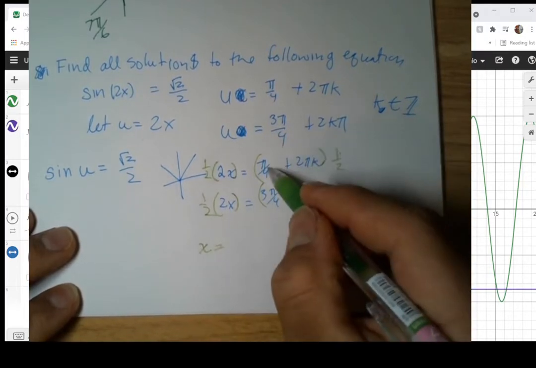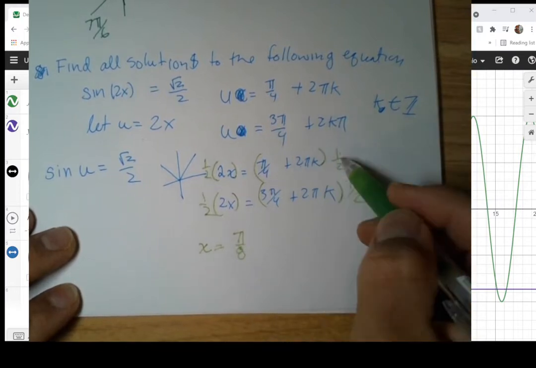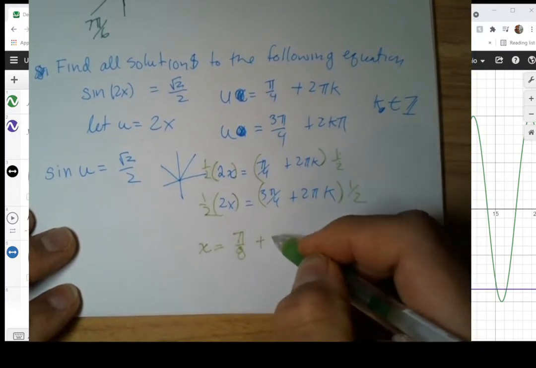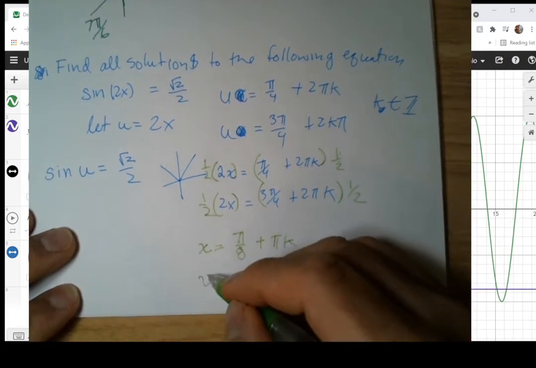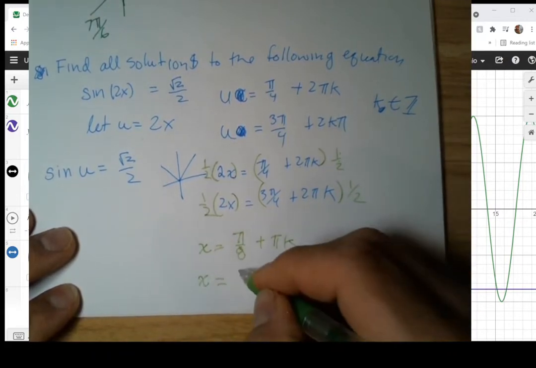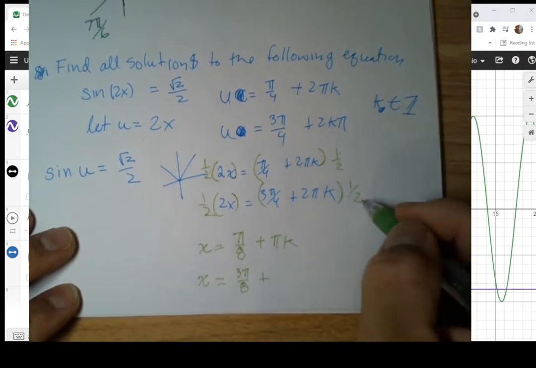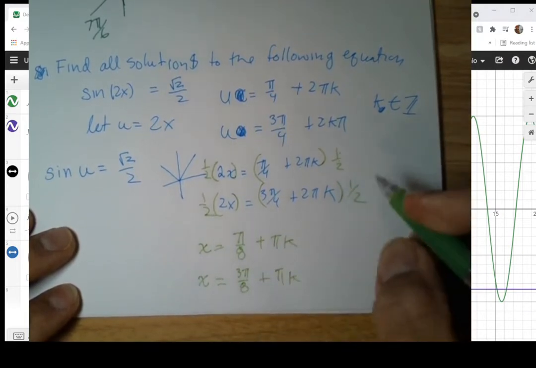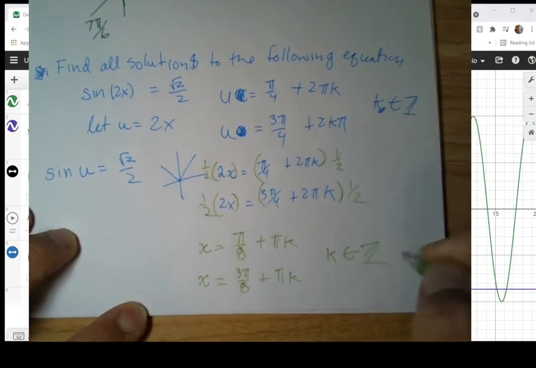When I distribute the 1/2, we get pi over 8, and 2 times 1/2 is 1, so we get plus pi k. And for our second equation, we get x equals 3 pi over 8 plus pi k, where k is any integer.